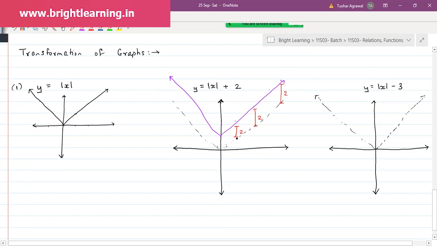This was my graph of modulus of x minus 3. Can you convince yourself the graph will shift downwards by 3 units? Yes, sir. This is my graph of mod x minus 3. This is my graph of mod x.